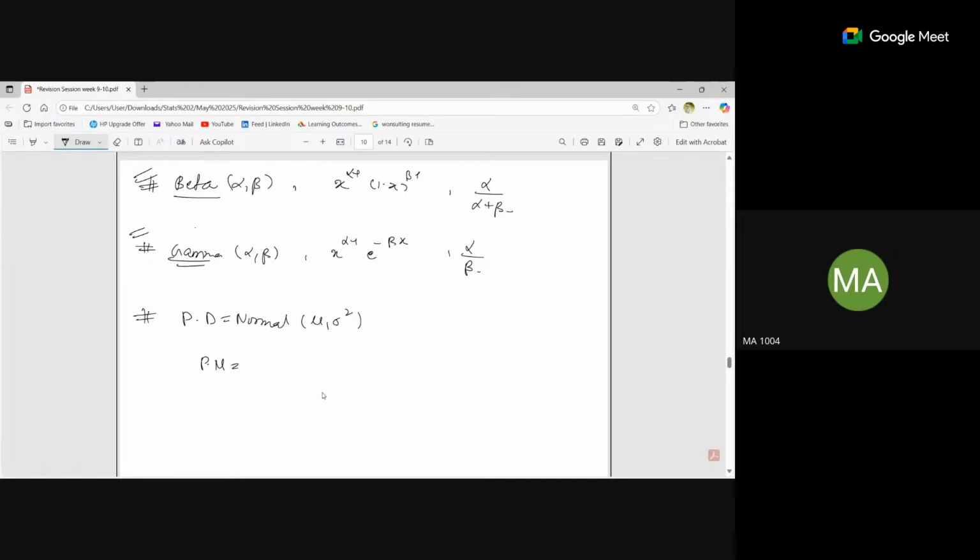It's basically x bar into n sigma naught square divided by n sigma naught square plus sigma square, plus mu naught into sigma square divided by n sigma naught square plus sigma square. You just have to remember this formula and put in all the values. You won't be asked to solve the whole question or the posterior distribution, you just have to calculate the posterior mean.